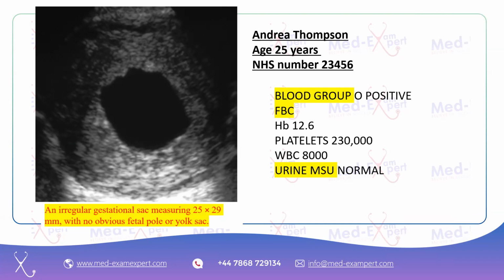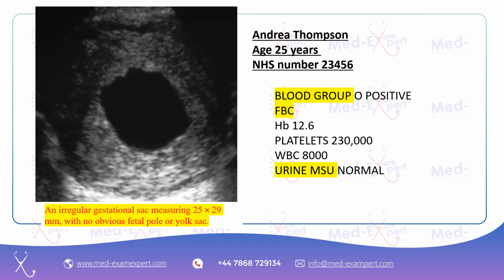The ultrasound report is showing that the baby's sac is formed, but there is no baby formed inside the sac. What does it mean to me? This shows that it could be an early miscarriage, because the sac size is around 25 millimeters, but there is no baby formed inside the sac.